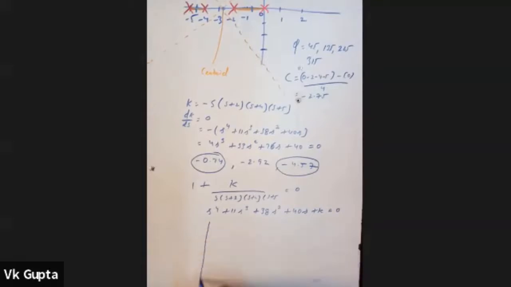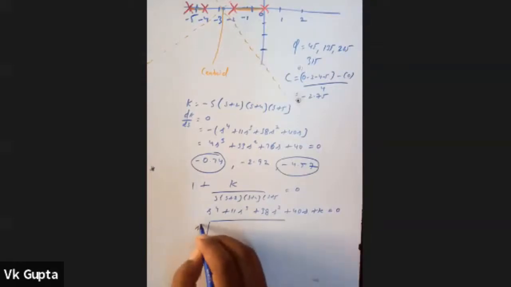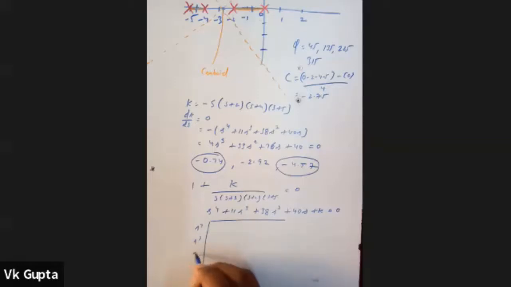Now let us go for the RH table: s4, s cube, s square, s1, s0.